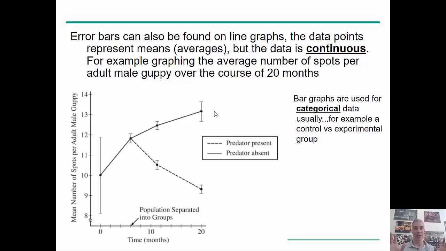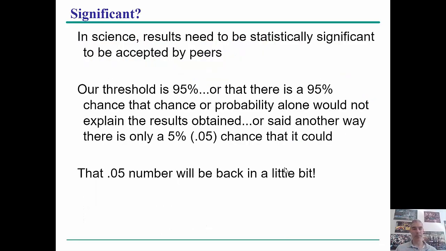I can't get intermediate information from there necessarily, right? At least not accurately. If we're looking at the difference between a group that receives fertilizer and a group that does not, there's no in-between there. So we can't get an intermediate value. So that would be a bar graph. And as I said, they tend to be categorical.